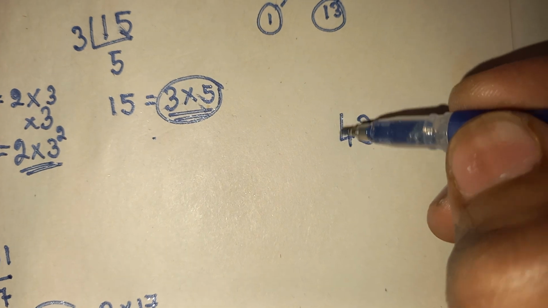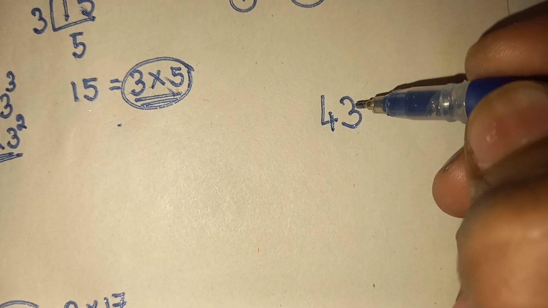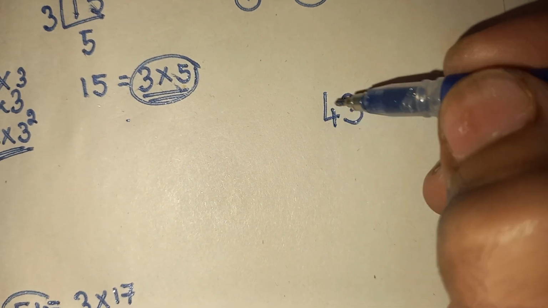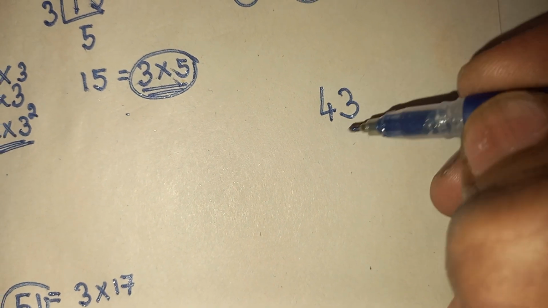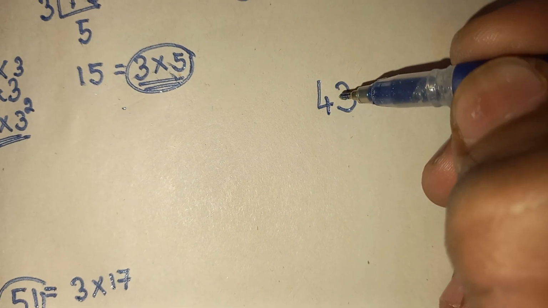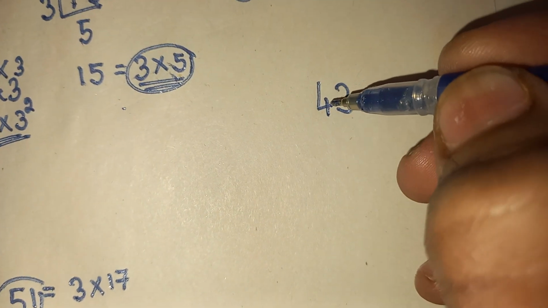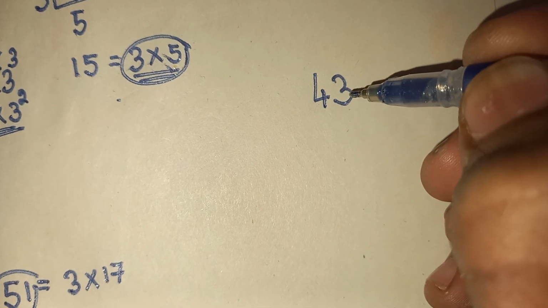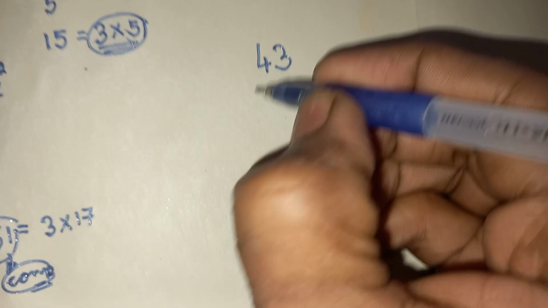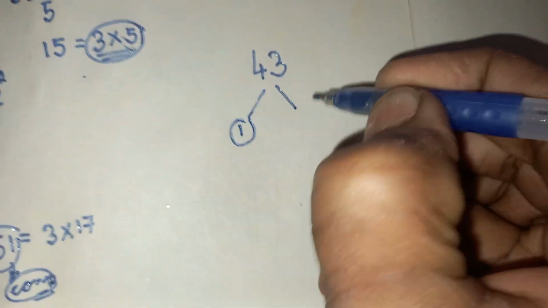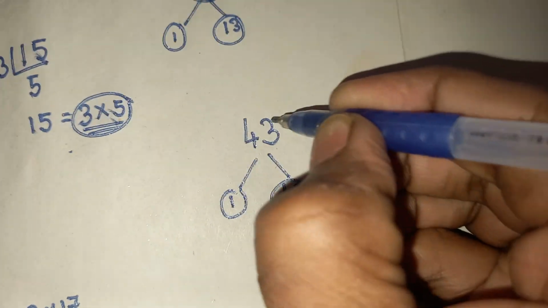Let's take 11. 11 times 3 is 33, 11 times 4 is 44. 13 times 3 is 39 and 13 times 4 is 52, so not even by 13. 17 times 2 is 34 and 19 times 2 is 38. So it is not divisible by any of the other prime numbers other than 1 and 43 itself. So this 43 is going to be a prime number.